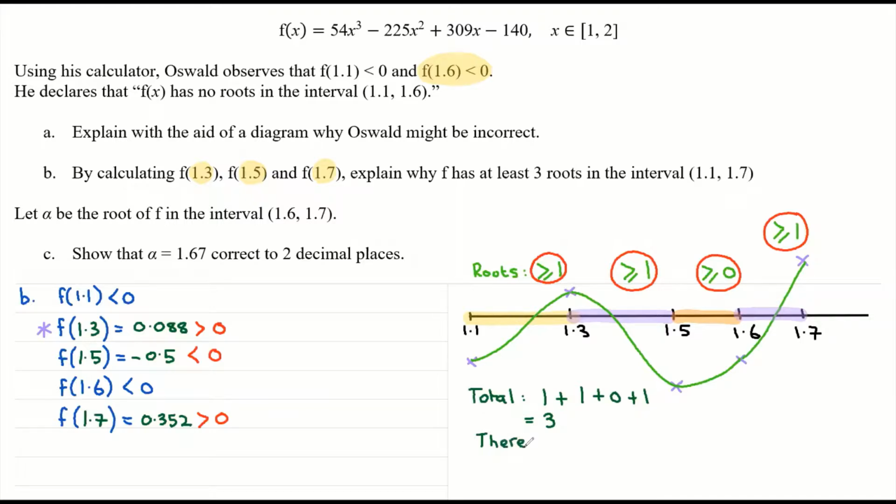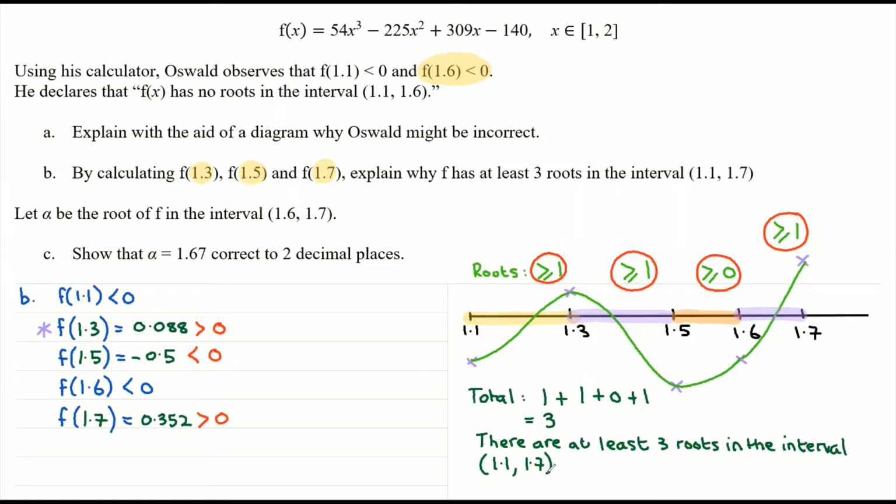So there are at least, because it's greater than or equal to, remember, 3 roots in the interval (1.1, 1.7), not inclusive at either end. Okay.